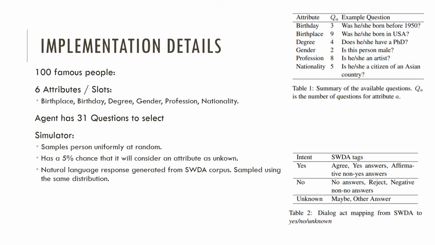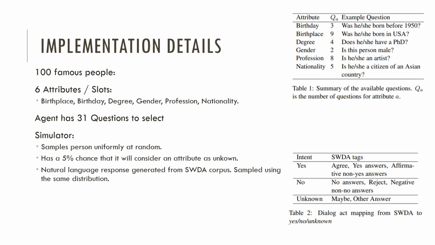So more specifically, the implementation of the 20 question game has the following constraints. First, a pre-selected number of famous people are chosen, 100 famous people. Each famous person has 6 attributes, namely their birthplace, their birthday, their degree, their gender, their profession, and their nationality.